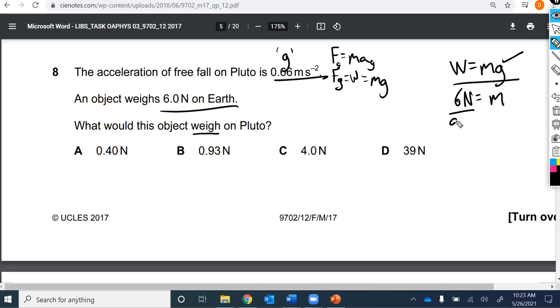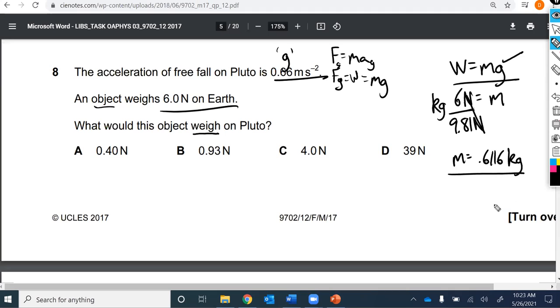So we divide by the 9.81. Again, newtons per kilogram. You just move that back up to the numerator. Let your newtons cancel. Mass in kilograms, 6 over 9.81. 6 divided by 9.81. We can solve that the mass of this object is 0.6116 kilograms, because remember, Newton is a kilogram meter per second squared.